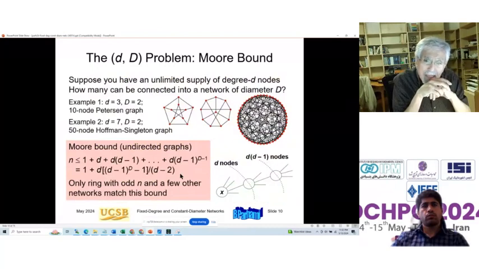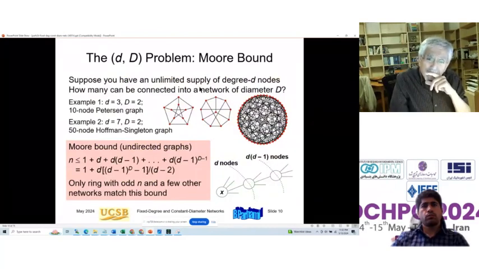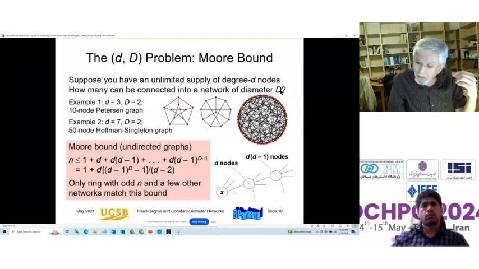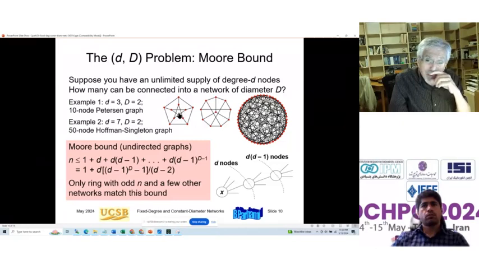So here is the degree diameter problem. Suppose you have an unlimited supply of degree D nodes. How many can be connected into a network of diameter D? In other words, with a given diameter, we want to maximize the number of nodes in the network. And these are some examples of networks that actually accomplish this.